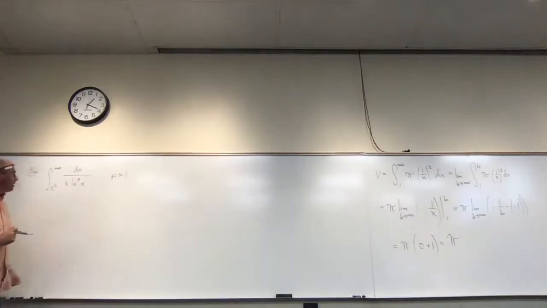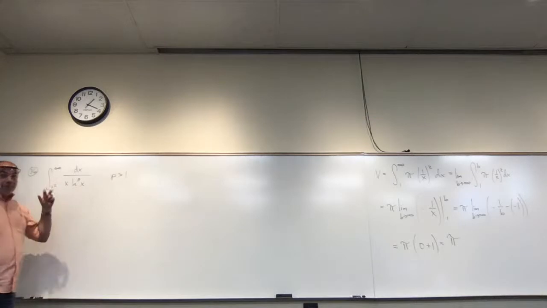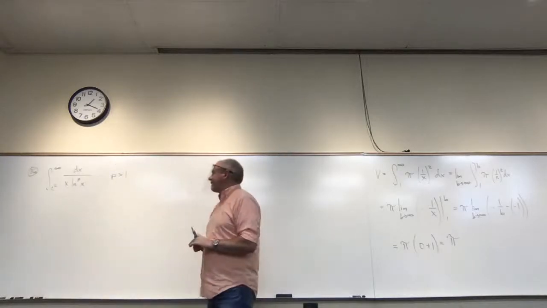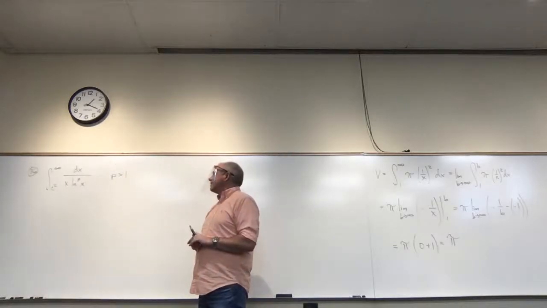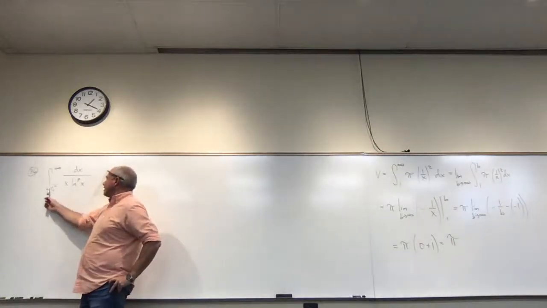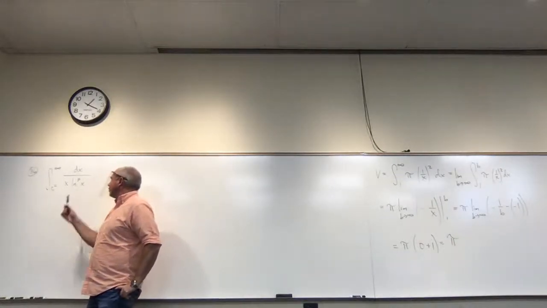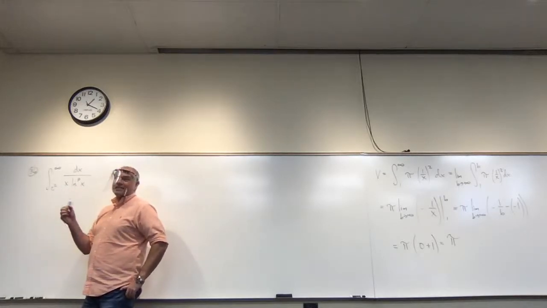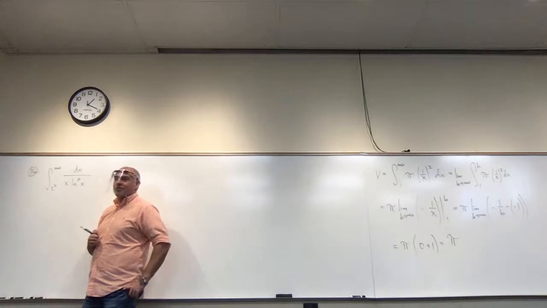So first thing, what's the problem here? Like, what's the problem spot? If I plugged in something like e squared, what gives me division by 0? Or why is this an improper integral?